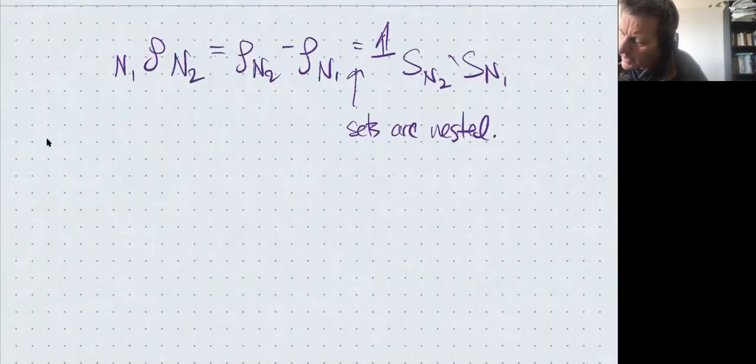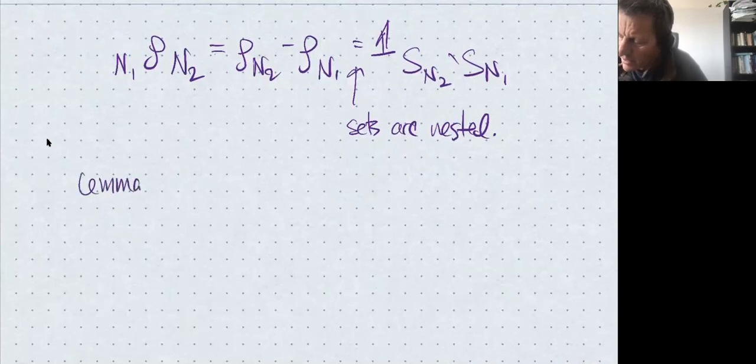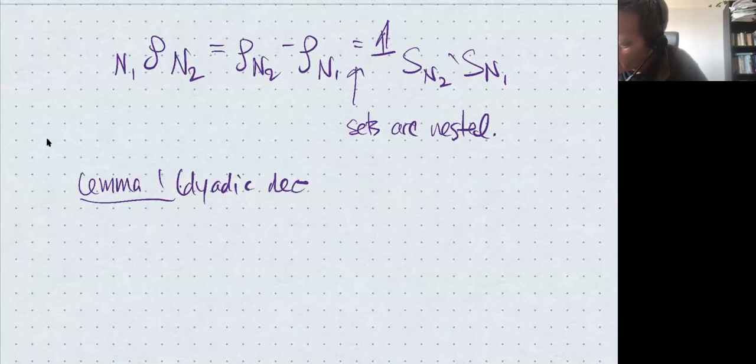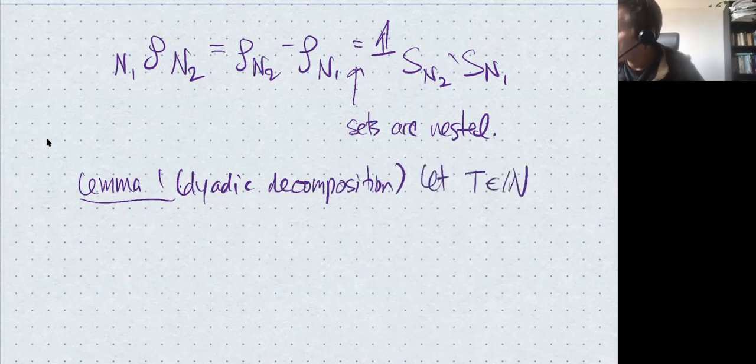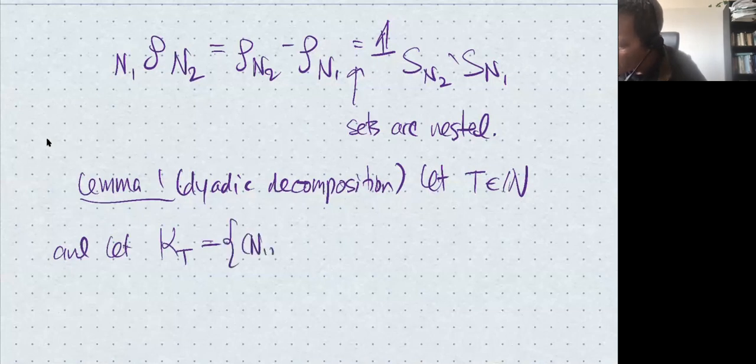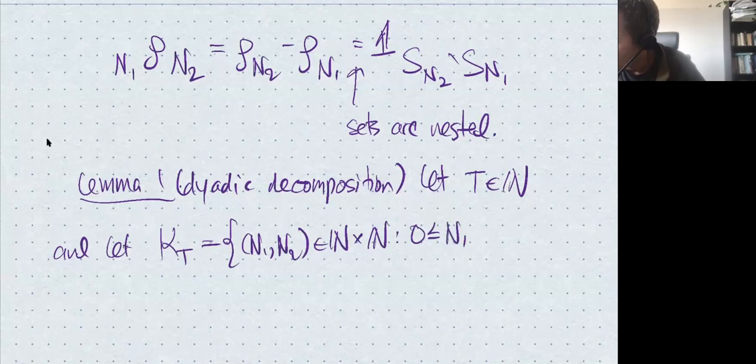Okay, so let's define our lemma. This is a very useful trick called dyadic decomposition. So let t be an integer parameter, and let Kt be a set of pairs of integers, n1 less than n2.